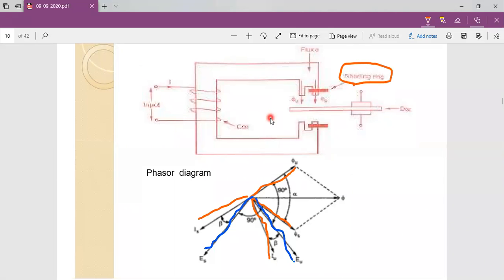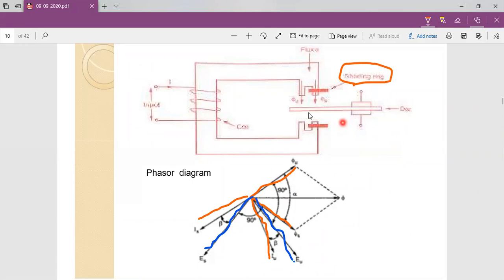Those we call F1 and F2, and F1 and F2 are opposite to each other, so the net force on the disk is F2 minus F1, or F1 minus F2, the order may vary. Whether it may be negative torque or positive torque, the net value is equal to F1 minus F2.